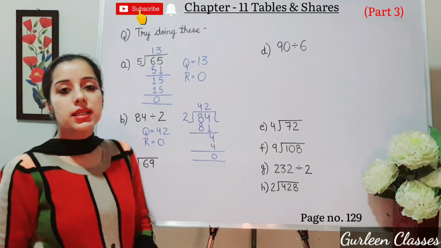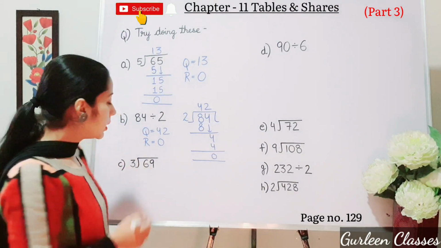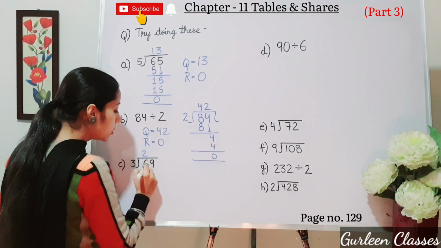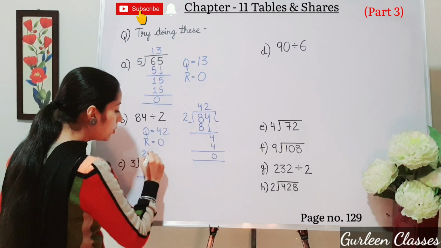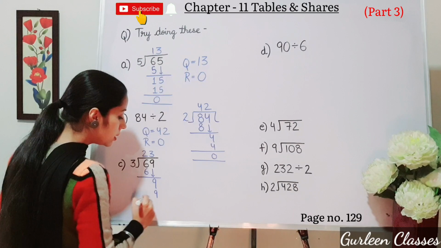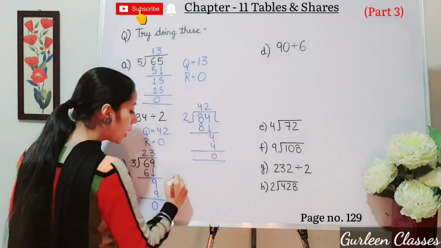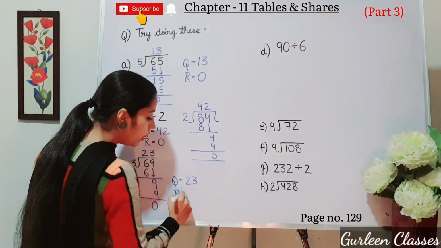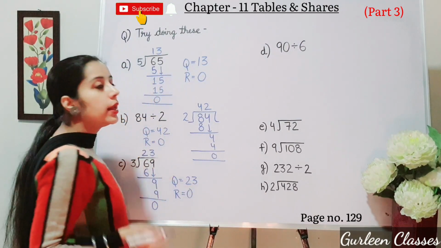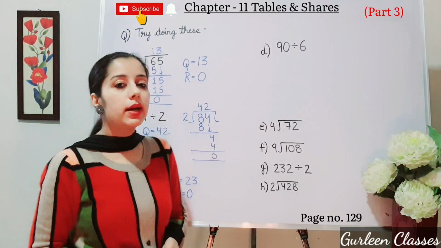Now C part, 69 divided by 3. So here 3 2s are 6. 9 will come down. 3 3s are 9. So remainder is 0. So right here, quotient is equal to 23 and remainder is equal to 0. Now D part, 90 divided by 6.